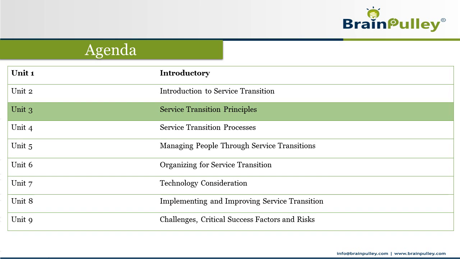Unit 3. This learning unit covers the more focused aspect of the basic guiding principles of service transition. Specific to this unit are key policies and principles that enable the implementation of service transition best practice. This chapter describes the key policies and principles that will enable service providers to plan and implement service transition best practice.